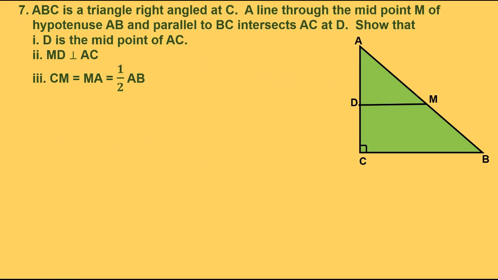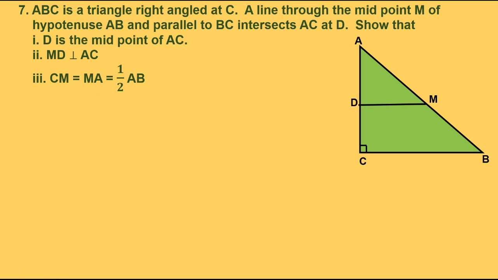Problem 7. ABC is a triangle right angled at C. A line through the midpoint M of hypotenuse AB and parallel to BC intersects AC at D. Show that D is the midpoint of AC, MD is perpendicular to AC, and CM is equal to MA is equal to half of AB.